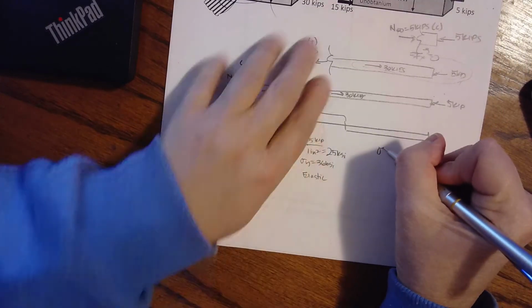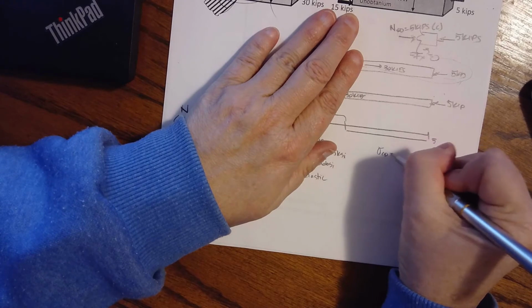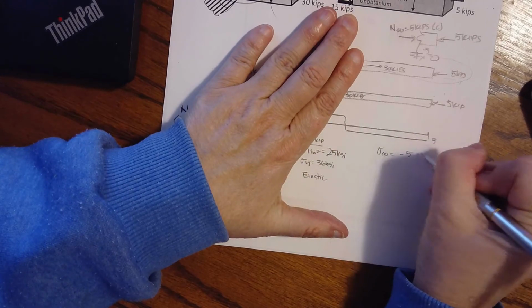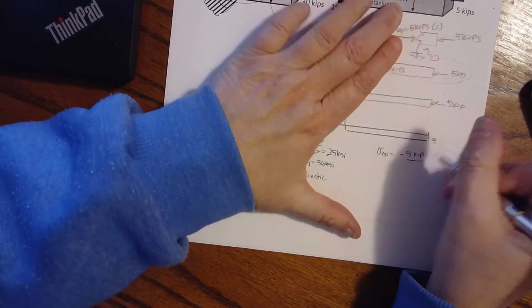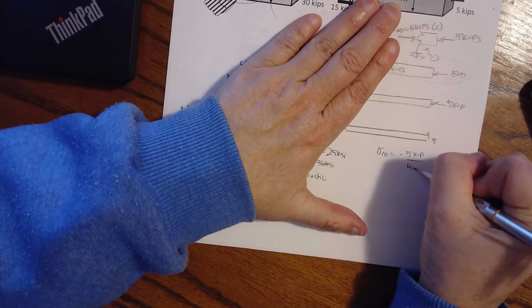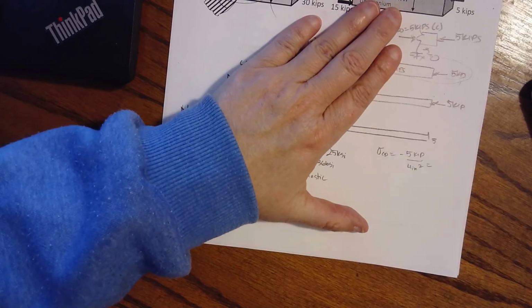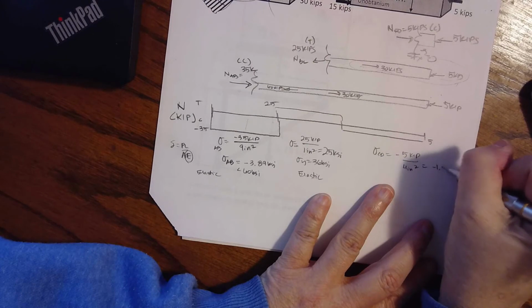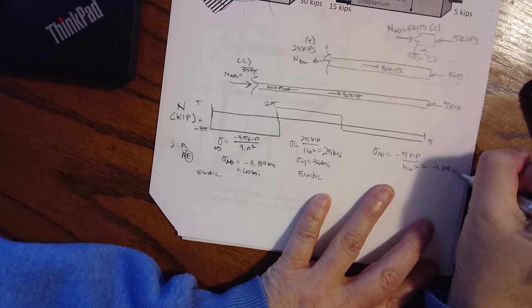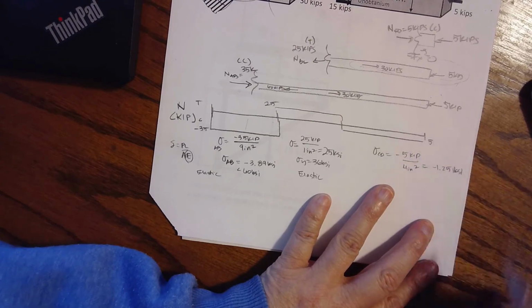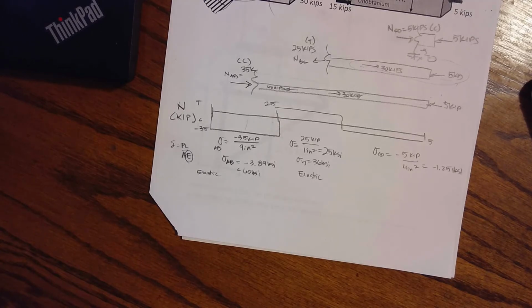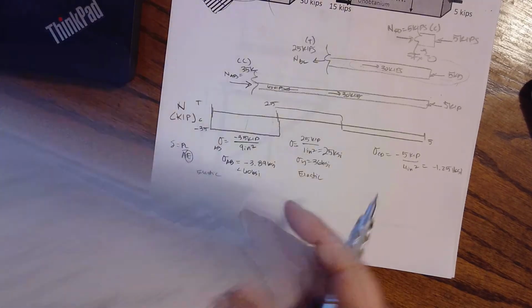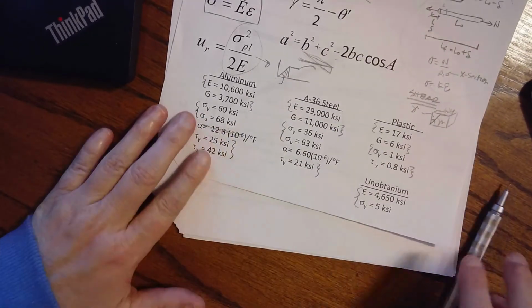Again, stress from C to D equals that internal normal, 5 kips, divided by 2 times 2, which is 4 inches squared. So I get negative 1.25 KSI. And if I go back and look at my equation sheet, which I'll pull back up, that's why it's important to know where I'm coming up with these numbers.